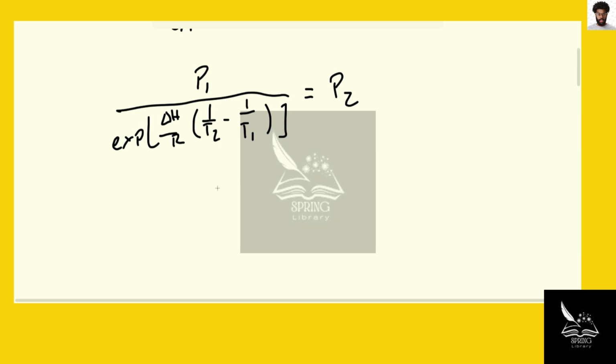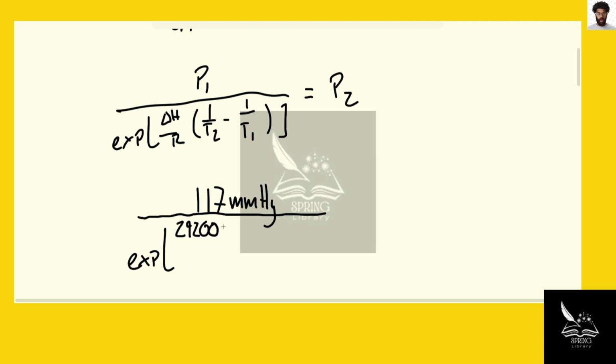P1 is 117 millimeters mercury. Then exp of 29200 joules per mole. And down here we're going to have R, which is 8.314. Do they give us any more digits?